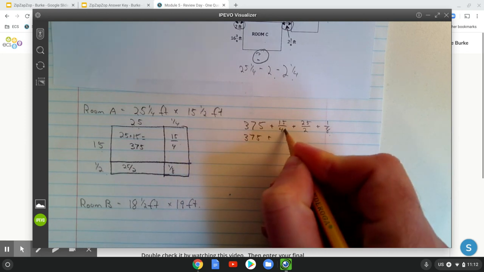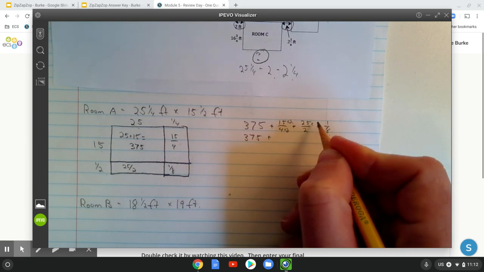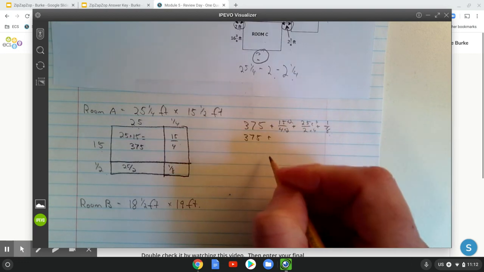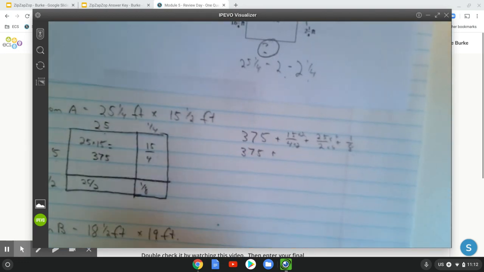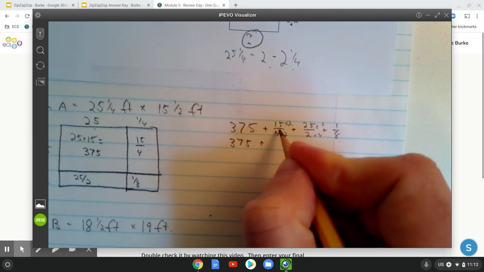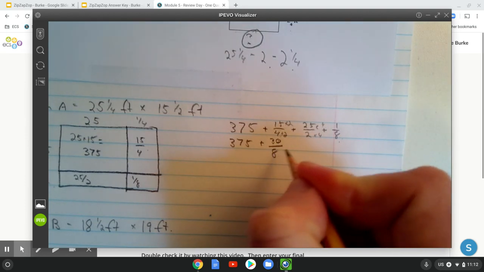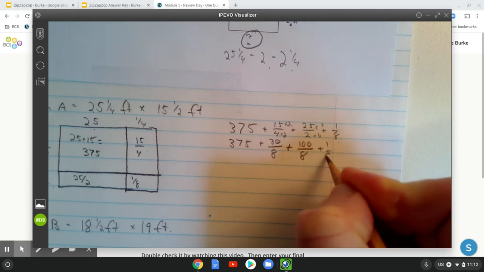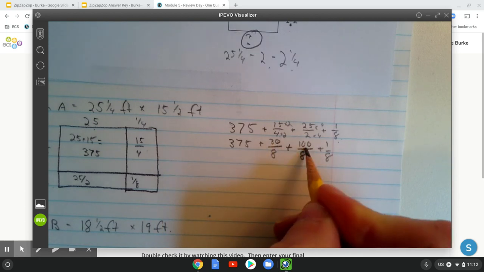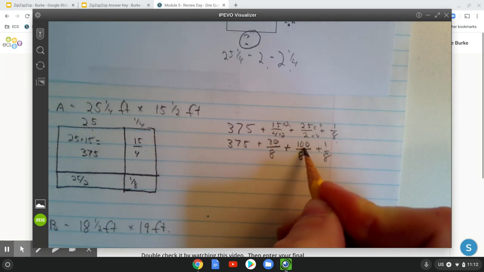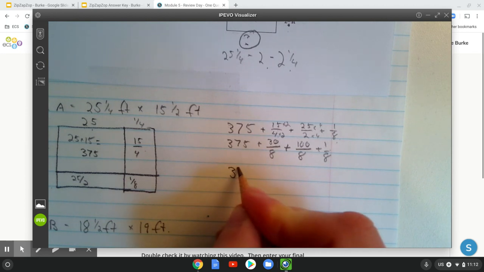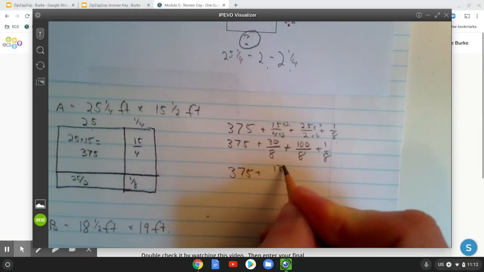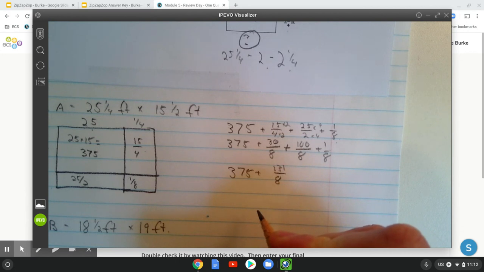That's times 2 and this is times 4. 15 times 2 is 30, so that's 30 eighths plus 100 eighths plus 1/8. 30 and 100 is 130, 131, so that's 375 plus 131 eighths.